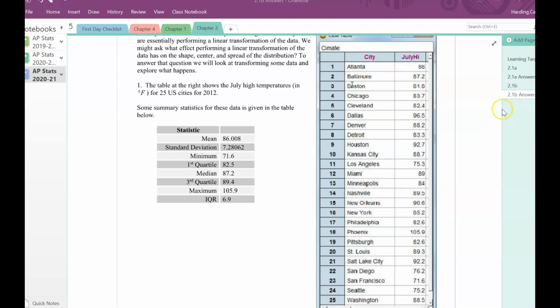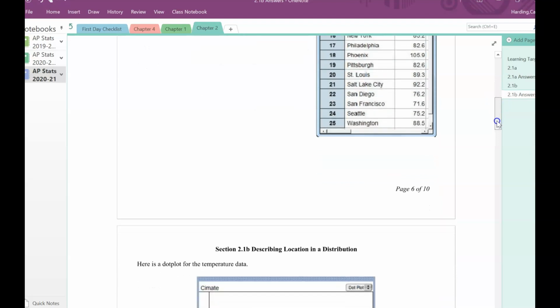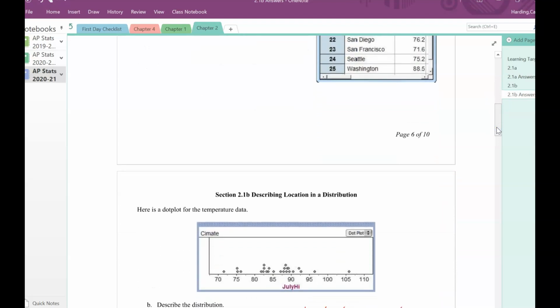Let's take a look at what the shape of the distribution is. If you go to the next page, you will see a dot plot of all 25 values. And if you were going to describe that distribution, you would say it's symmetric. You have a median of 87.2, an IQR of 6.8 with outliers at 71.6 and 105.9.